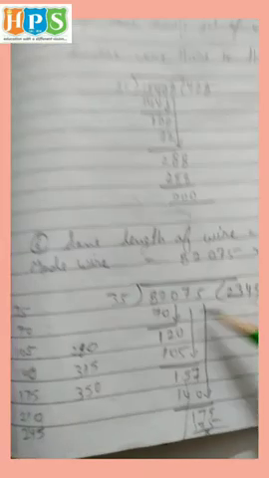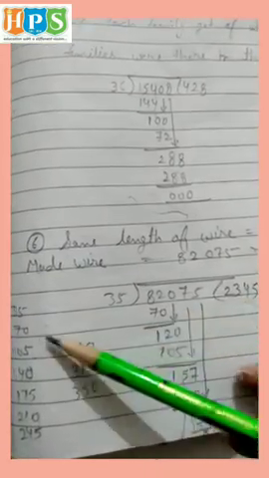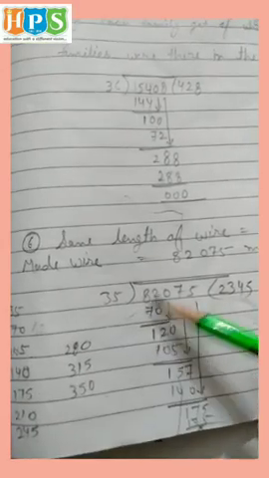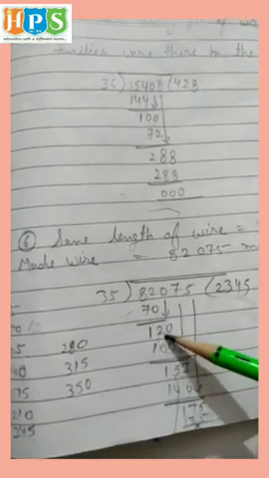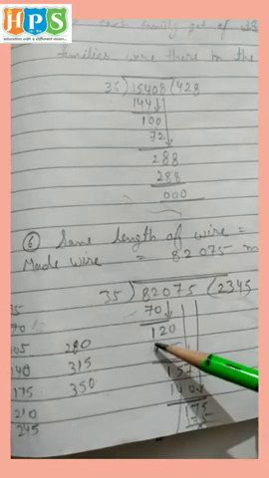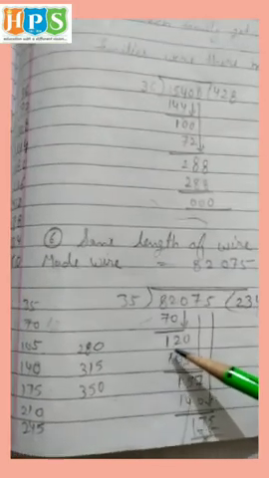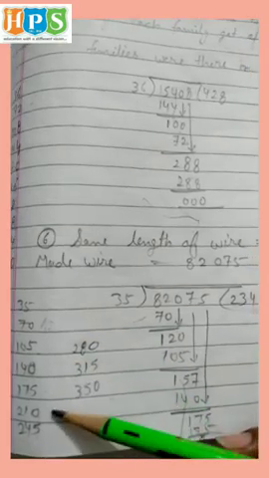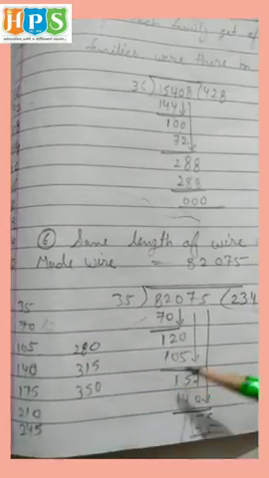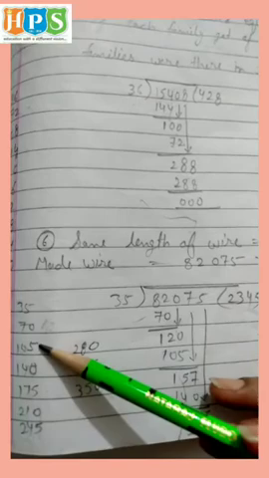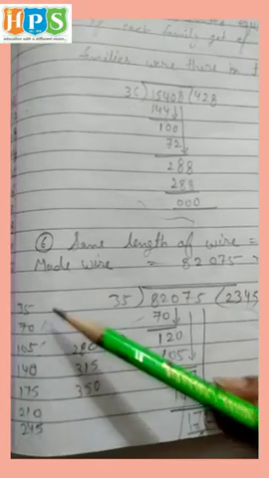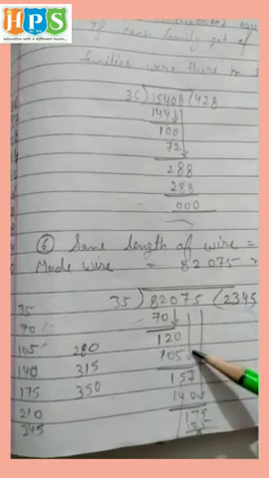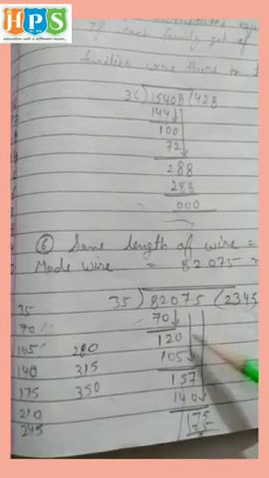35 1s are 35, 35 2s are 70. We can subtract 82 minus 70, 12. We write 0 to make 120. 120 does not come in the table, so the smaller digit is 105, which comes at 3 times. 35 3s are 105. 120 minus 105, 15.